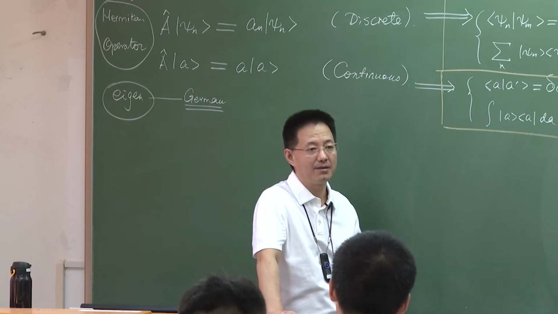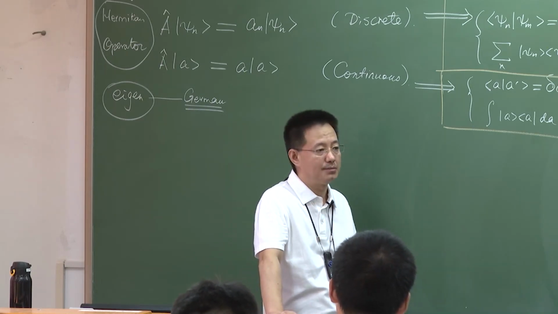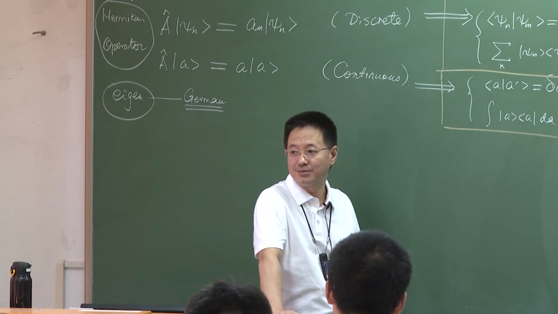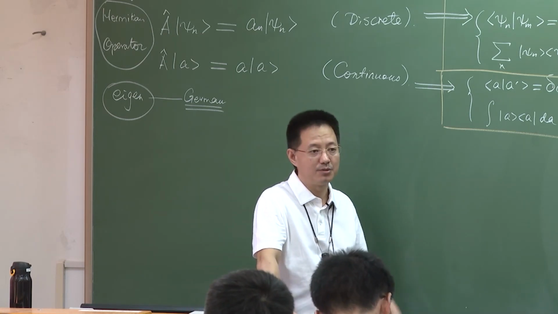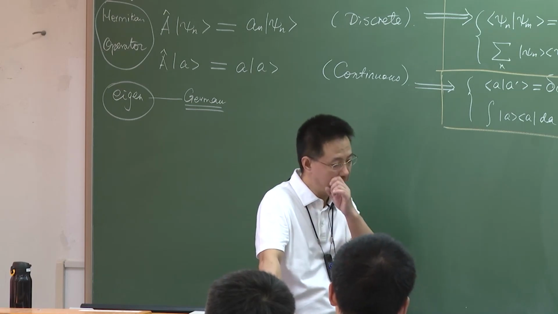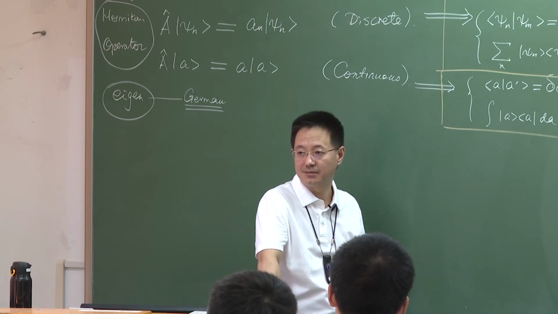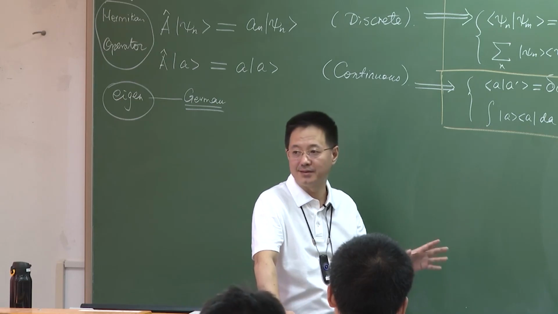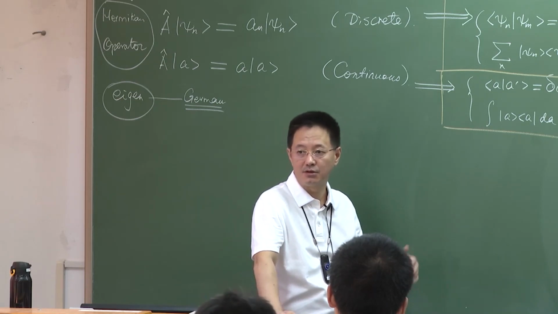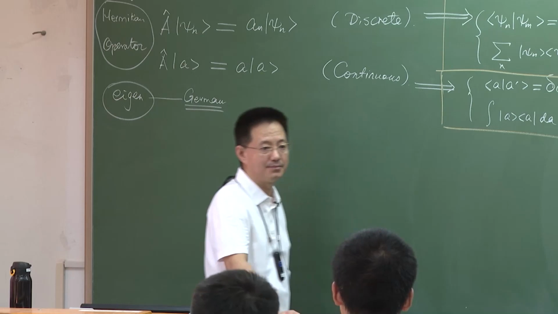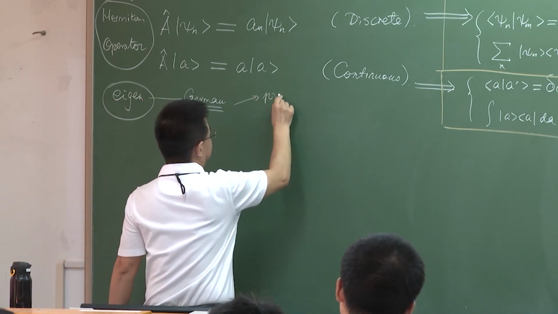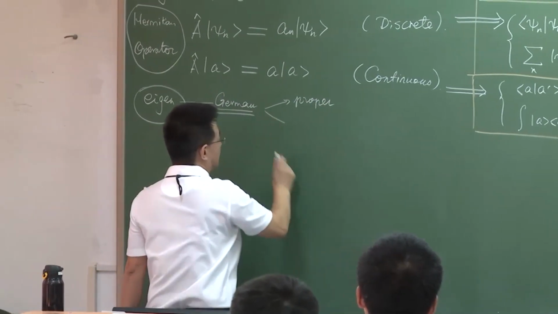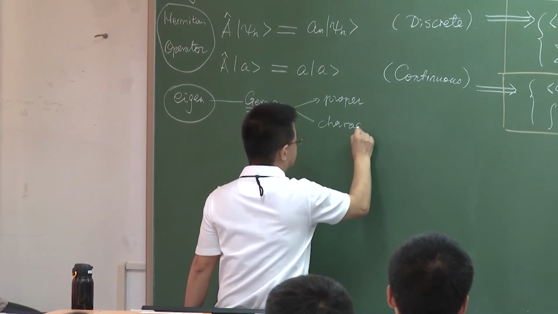Because many contributions in quantum mechanics come from German people, or people who can speak German. Austrian people, German people, Hungarian people, they speak German, and so they invented some new things and termed them with German words. Okay, and the meaning of eigen is proper or characteristic.